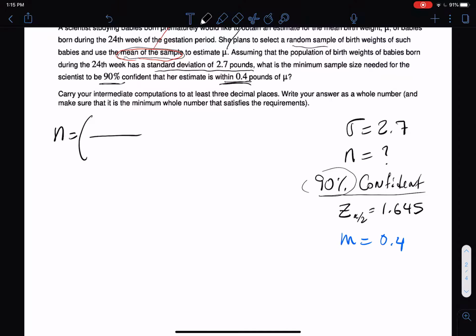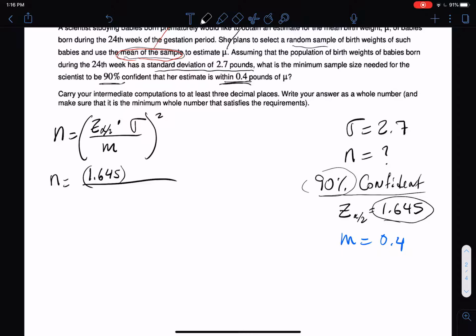Let me put up the formula for us. This is our z value from half of alpha, which is called the critical value. This is our standard deviation from the population, and it is divided by the margin of error, and that whole thing gets squared. So here's what we have. We have a critical value of 1.645.